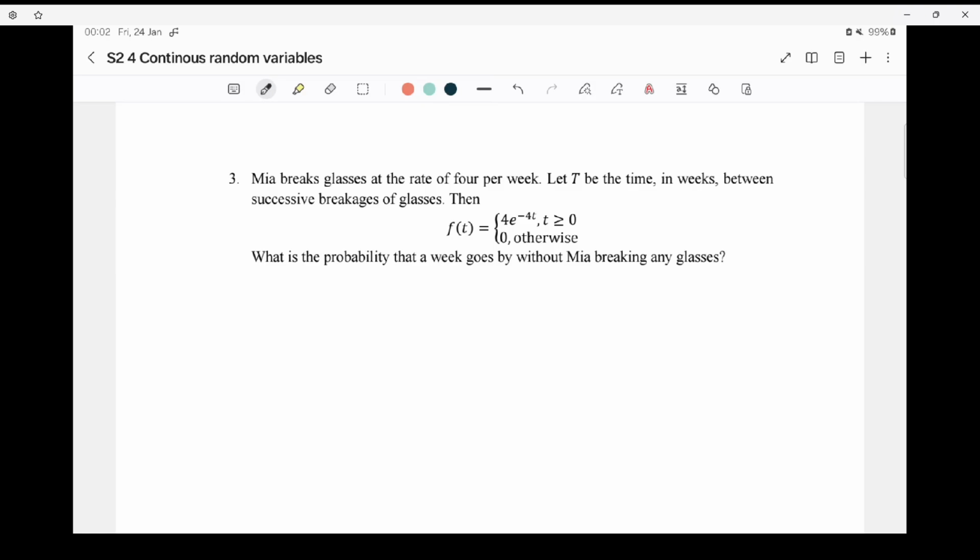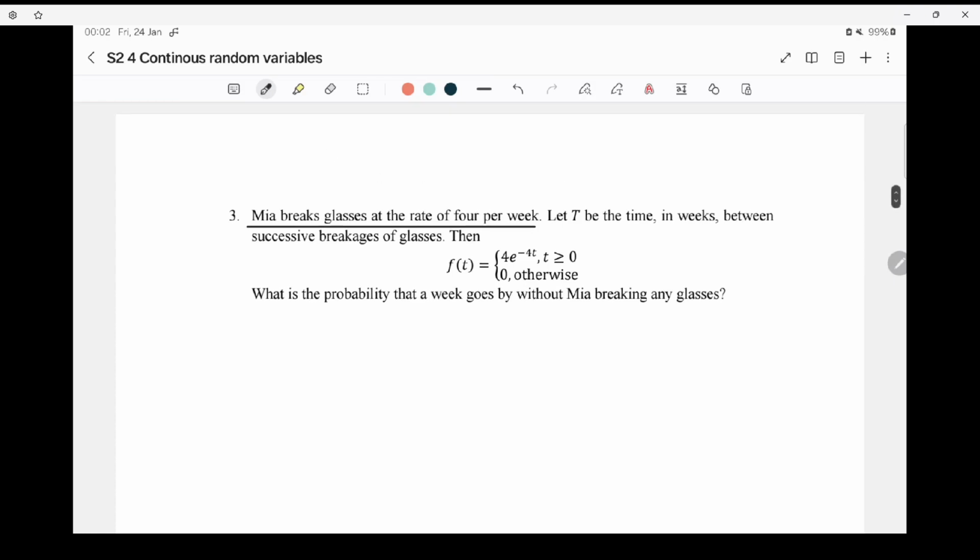So here you are given two probability distributions. The first one is a Poisson because you are just given one parameter. So the first one is what we call the Poisson distribution. Rate is 4 per week.